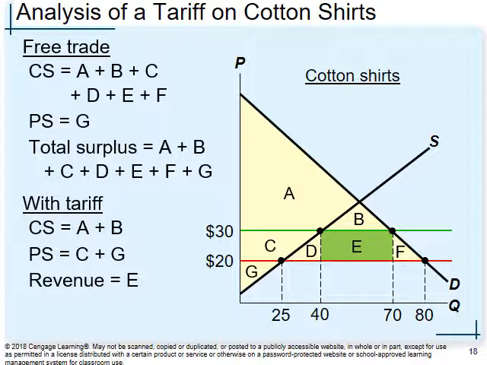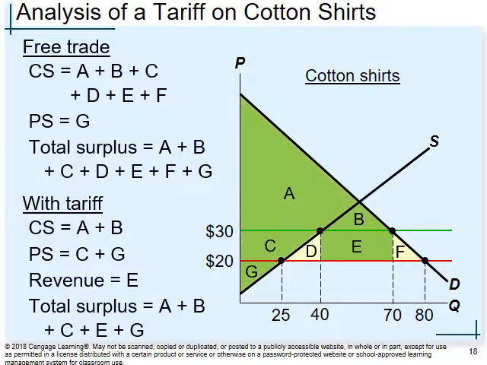And basically government revenue is also considered a surplus, not to producers or consumers, but to the government. But still we will consider that as an area of surplus, or as a gain from international trade.